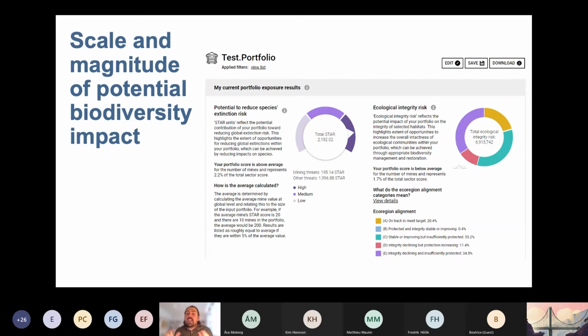So it translates how much biodiversity is being lost with the mean species abundance to what that means for the overall integrity of the ecoregion through the weighting. For both metrics, you get the overall score associated with the portfolio, as well as an indication of whether this is above or below average compared to either the sector average for mining based on the total mines in the database, or a global average for agriculture.